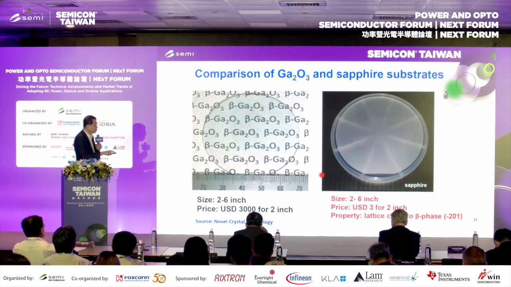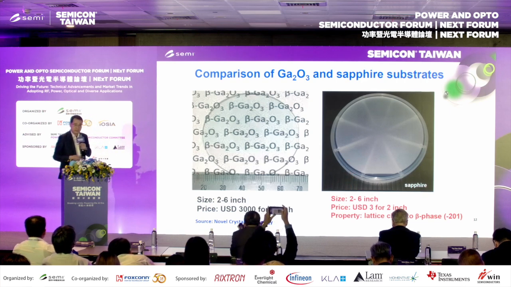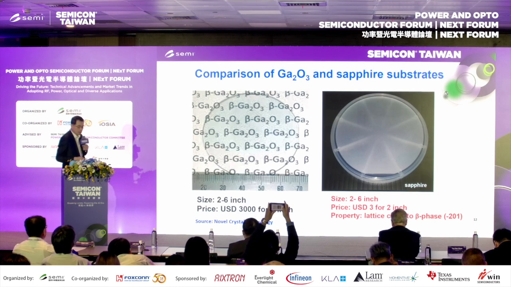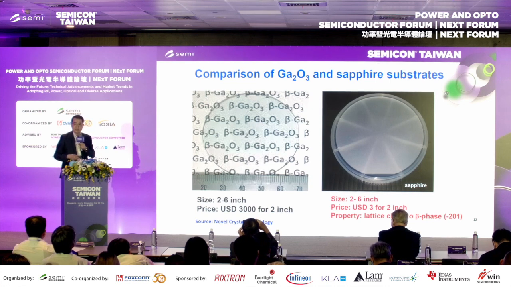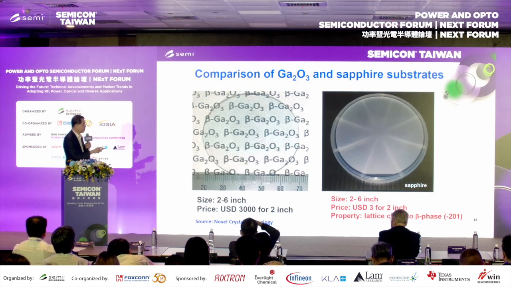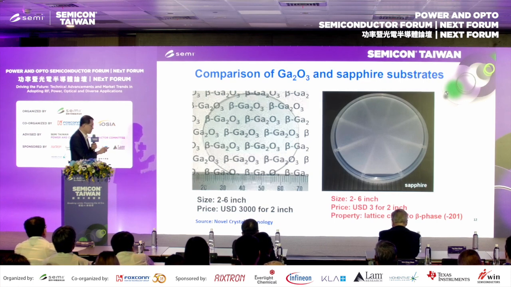If we can grow the gallium oxide epitaxial layer on a sapphire substrate, the sapphire substrate is very mature and cost-effective. So my talk focuses on the gallium oxide epitaxial layer grown on the sapphire substrate, not homoepitaxial growth on a gallium oxide substrate.